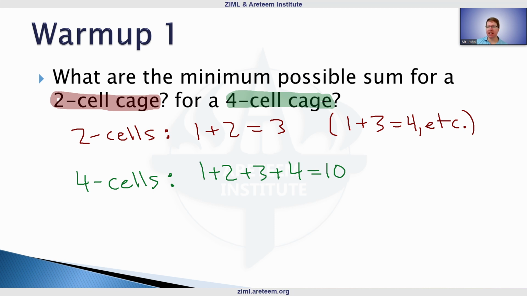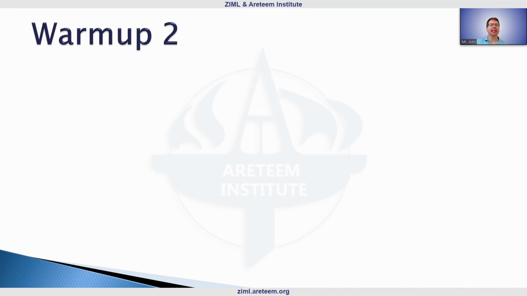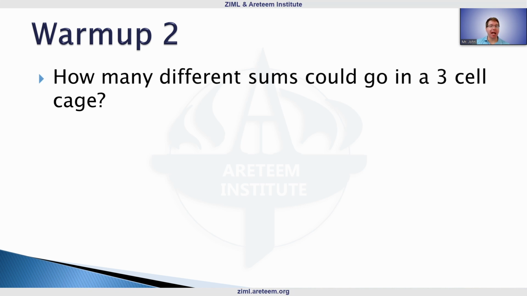But let's think here about these 3-cell cages. And I'm going to ask a slightly different question here. And this is something that can come up in different mathematical concepts as well. I now want to ask how many different sums could go in a 3-cell cage.